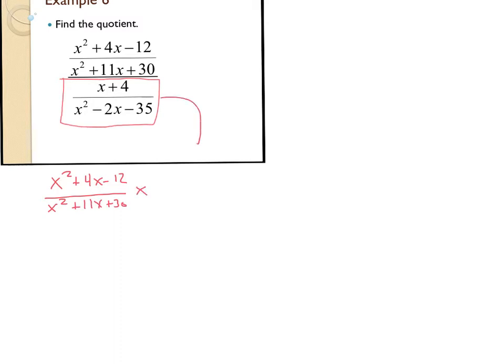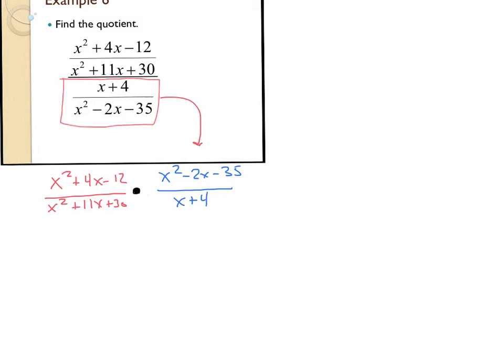Multiply, and then notice I'm going to flip this one. Once again, I'm going to erase this and make it a dot, so we're not confused with all the x's.